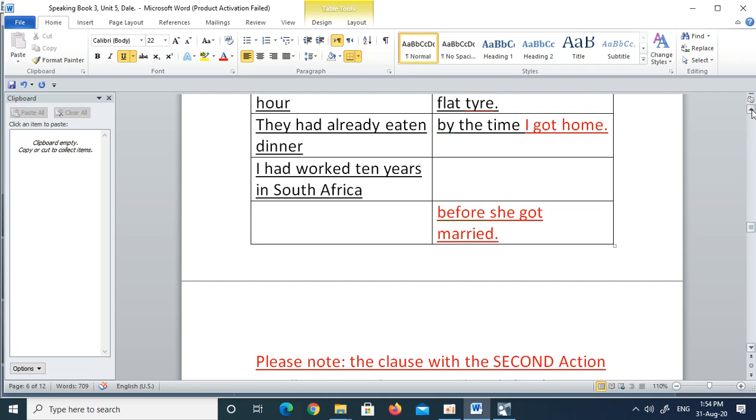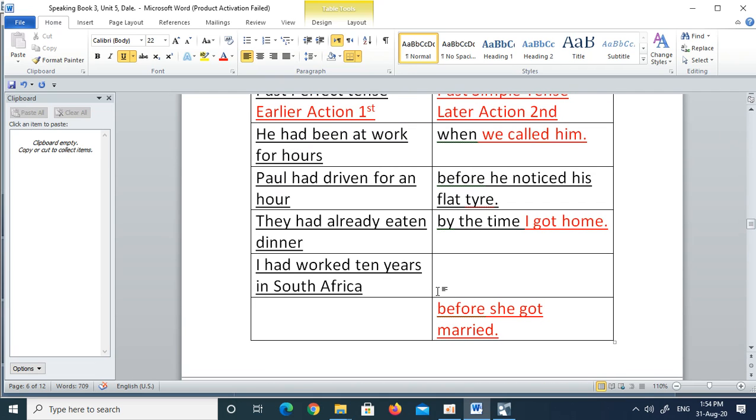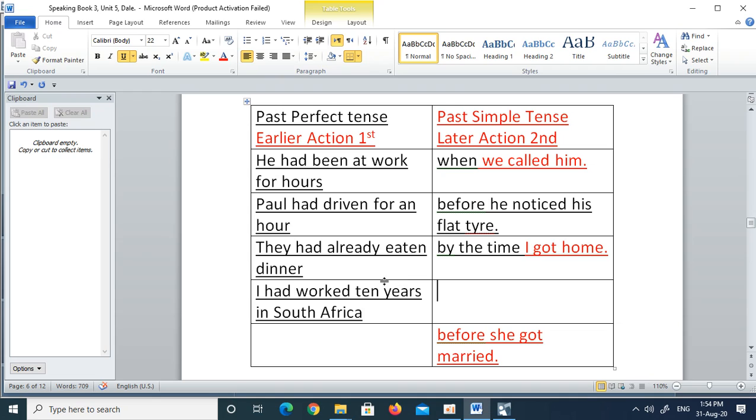Now, what you can do, any action that logically follows I had worked 10 years in South Africa can go here, but if it goes here, it must be in the past simple tense. So you can get any action that logically follows, but it must be in the past simple tense.